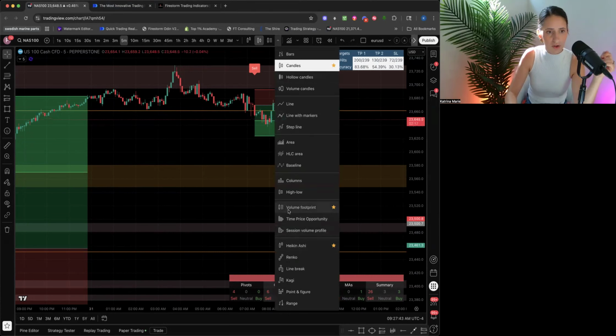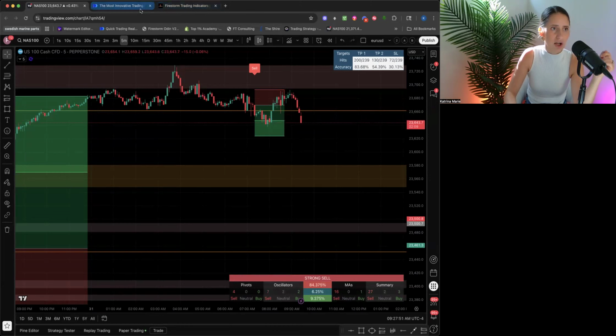But if you look, there's volume footprint, you'll be able to see it there. It says I need to pay on Tradovate. I'm using Apex, and Apex allows me to use the bid ask volume. However, if it does ask you to pay and it's like $10 or something, I would say it's worth it.